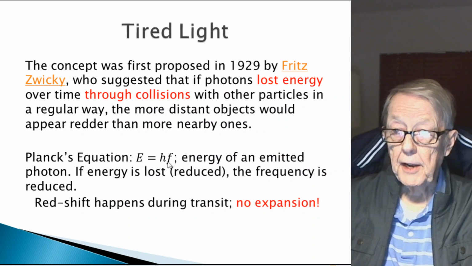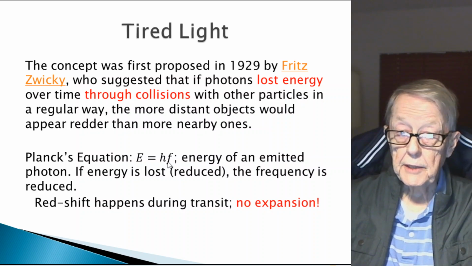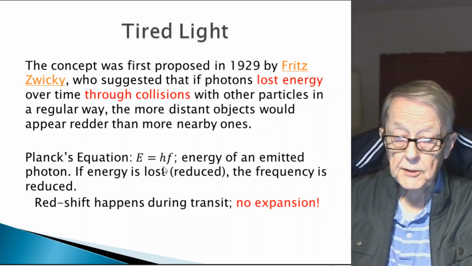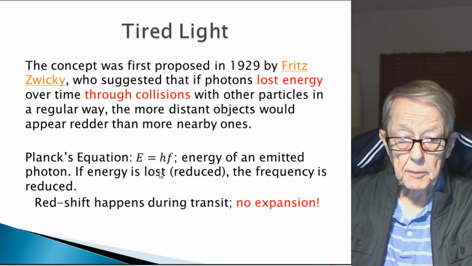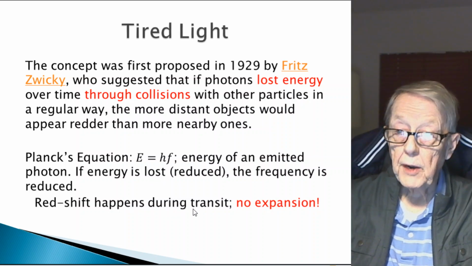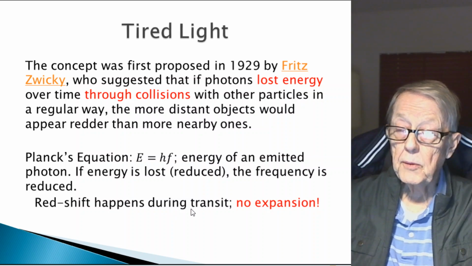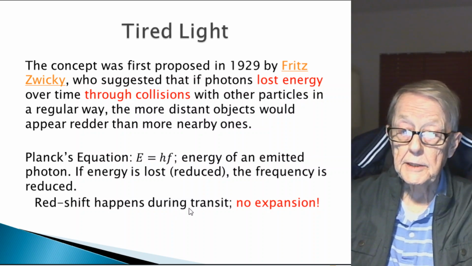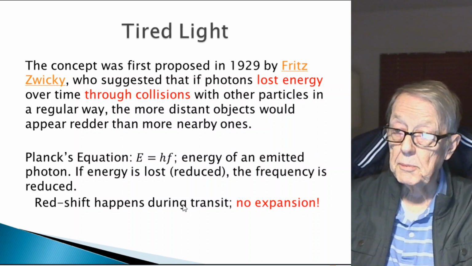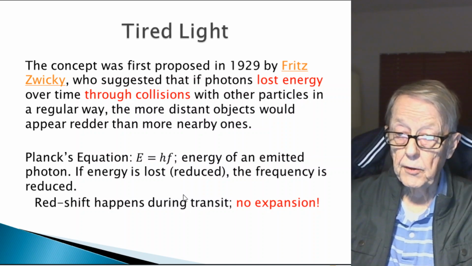Well, I'm not a fan of using equations that apply to one thing and then make it apply to something else, but at least that's something. Redshift, but this is all about redshift happening during transit. It isn't about what the source is. It isn't about whether the source is moving. It's about what's happening while it's moving through space.